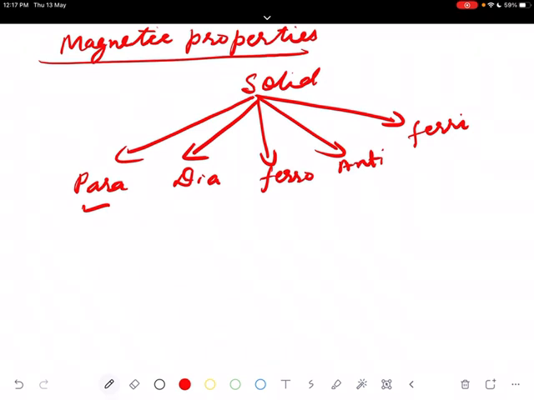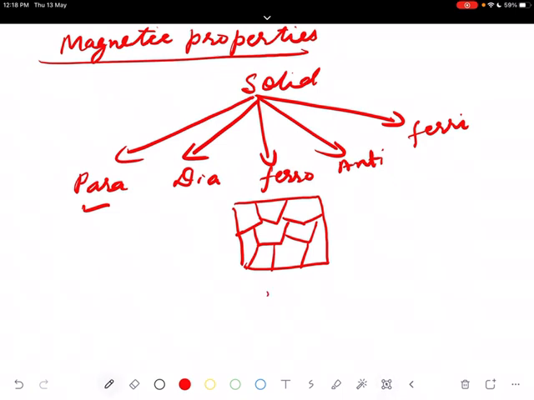Actually, in a solid state material, metal ions are grouped together and we call them domains. Small regions called domains. Each domain acts as a tiny magnet.